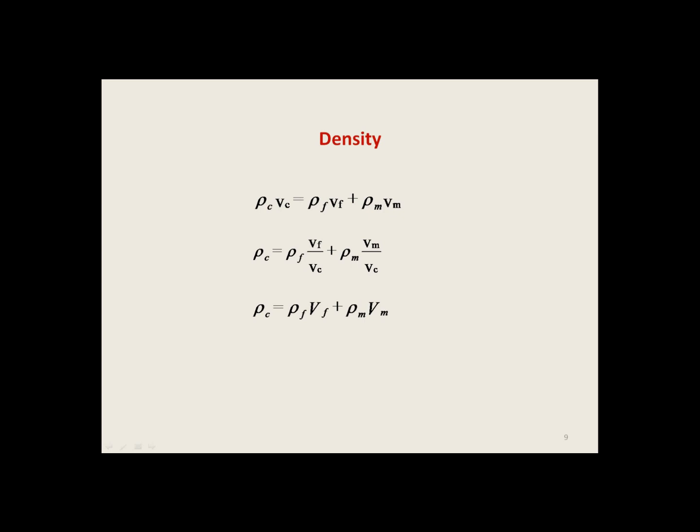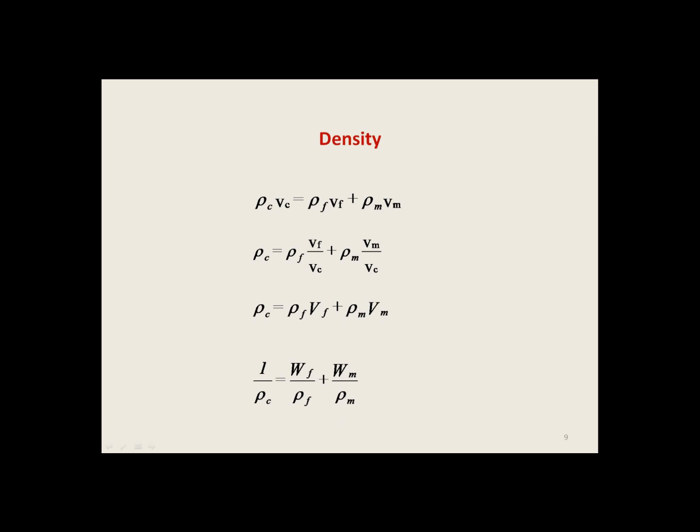I am mentioning the equation numbers. You can refer to the PDF file which I had already uploaded. Then finally this equation becomes rho c equals rho f capital Vf plus rho m capital Vm.